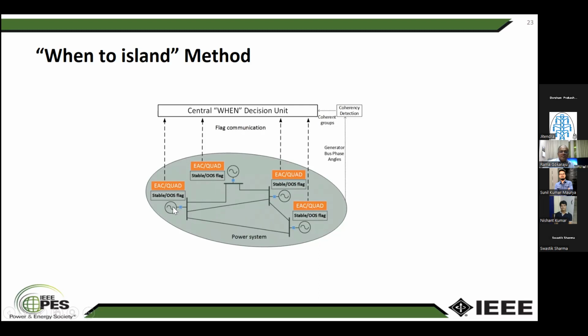For the communication, for the generator protection, say if some generator is going to go out of step, that status would be communicated to the central decision unit. So instead of a WAMS based scheme, instead of sending all the streaming data, what we are communicating is just the status of the relay, whether it is stable or unstable, the out-of-step relay.